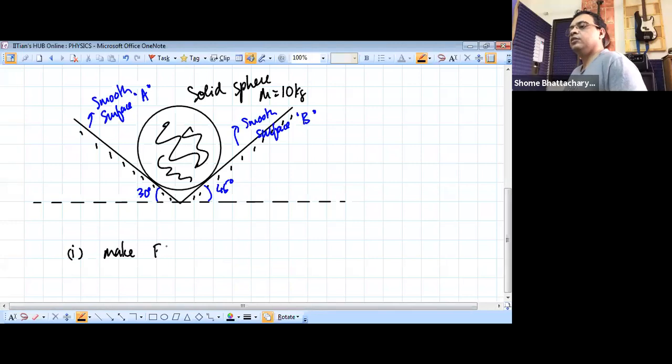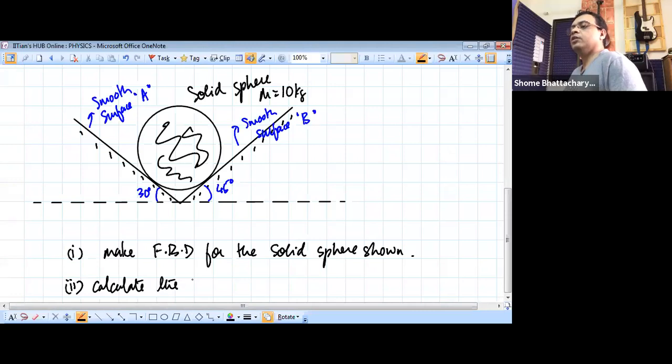So we have to first of all make the free body diagram for the solid sphere. And from that, calculate the normal reactions applied by both the surfaces. To start this question, take G as 10.